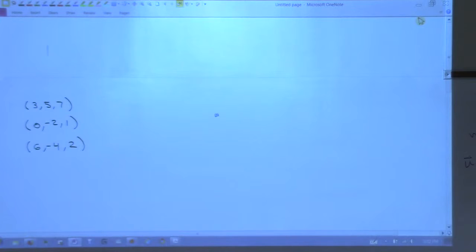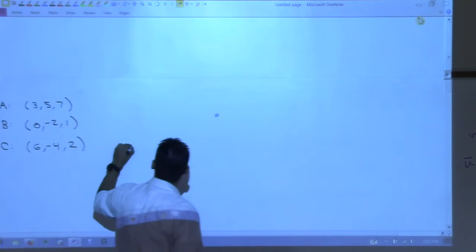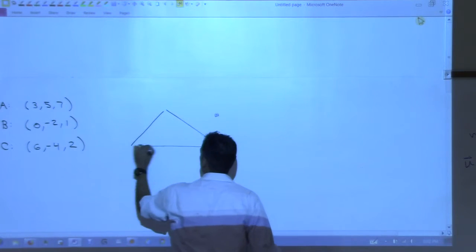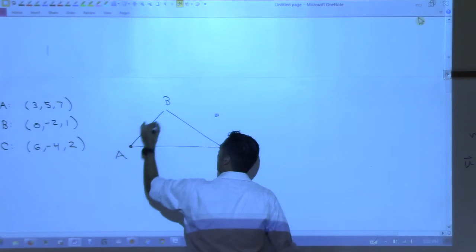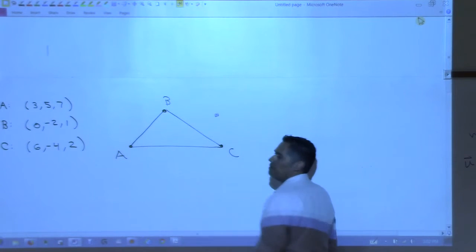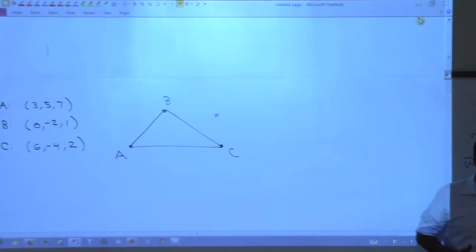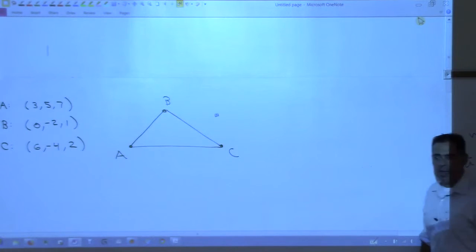It's hard to draw this, but just imagine we have these 3 points. Let's call this one A, this one B, this one C. I have no idea what this triangle looks like. My question to you is: is this a right triangle or not?